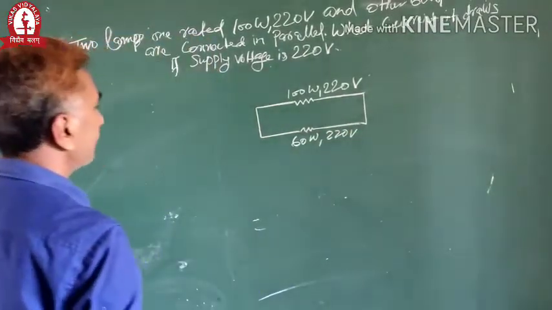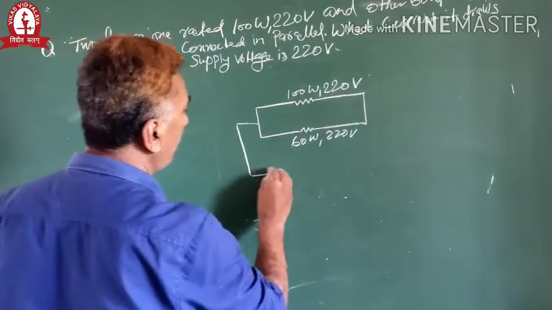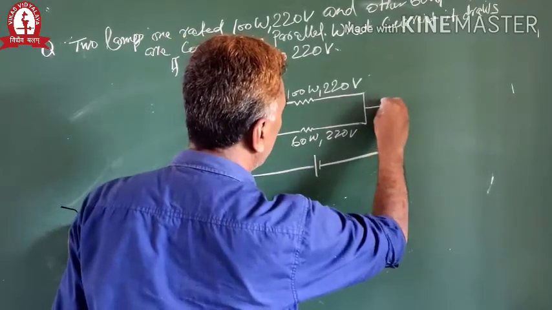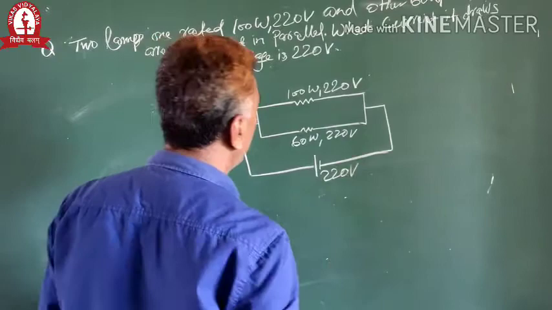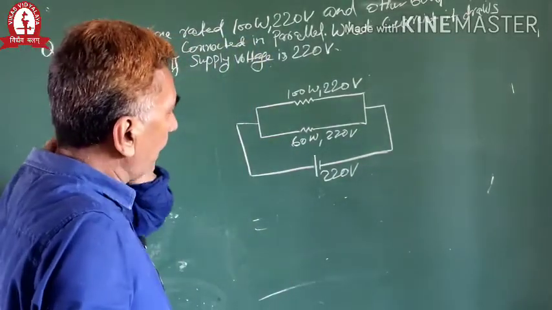The supply voltage is 220, that is, the desired supply voltage is available for both the appliances.